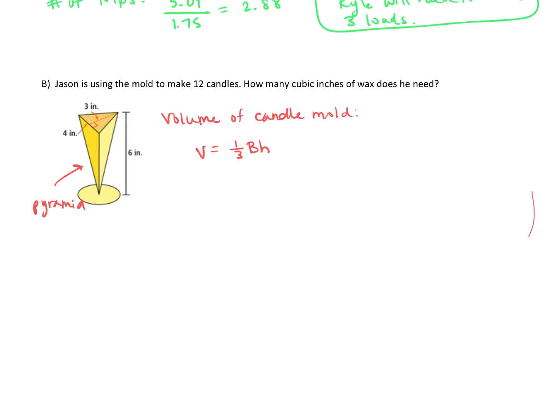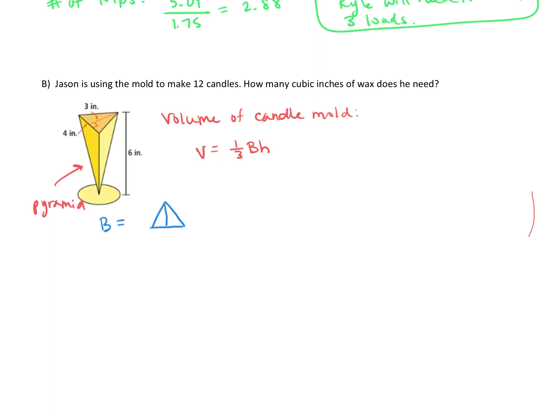So you just gotta be careful. If your base is a triangle, when we find the area of a triangle, we use a height within that, and that's not the same as this height. So just be careful. But let's find the area of the base first. So area of the base, capital B. I'm going to go ahead and redraw that triangle so we can see it.